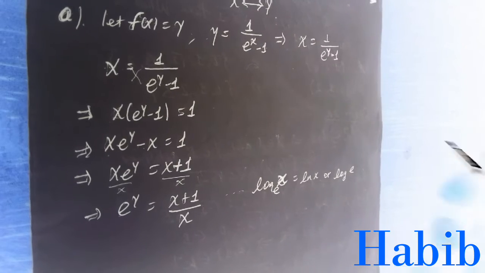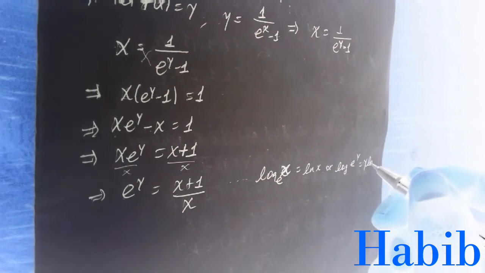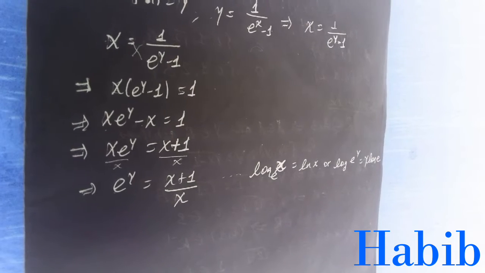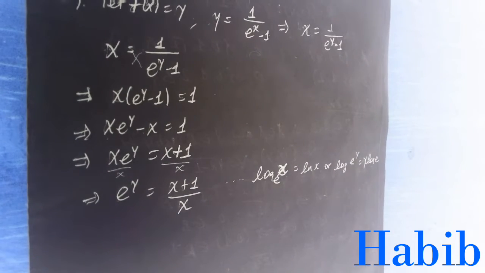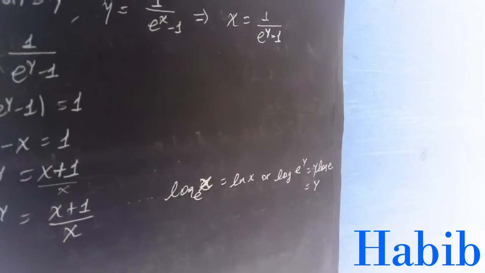Another exponential formula: logarithm of e to the power of y equals y times logarithm of e. If the base is e, then logarithm of e in base e is 1.